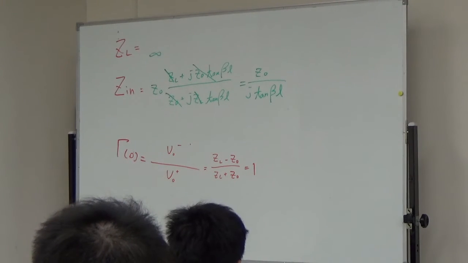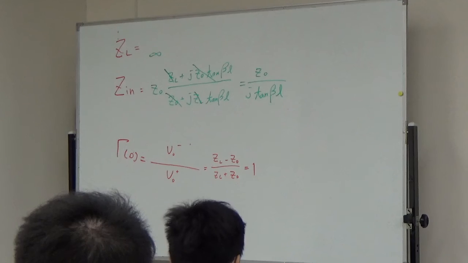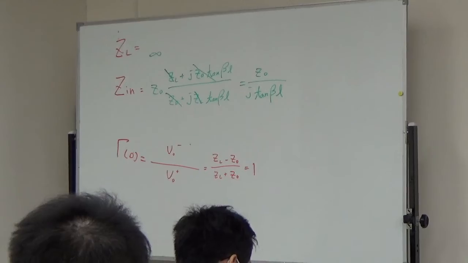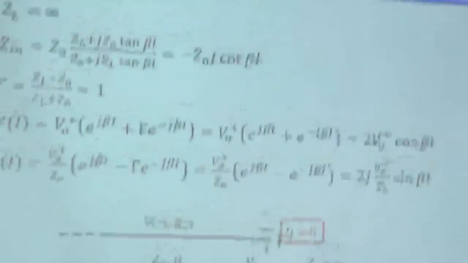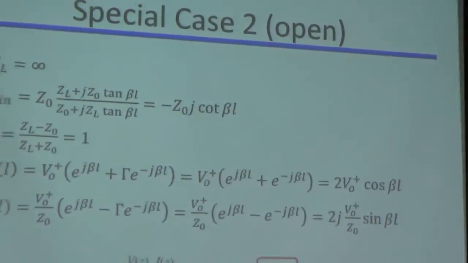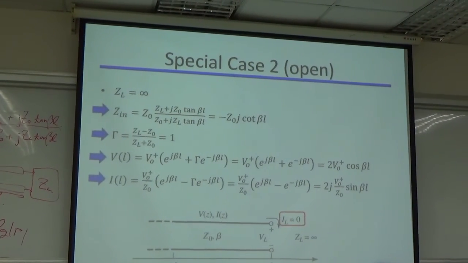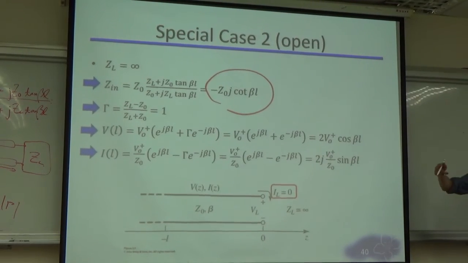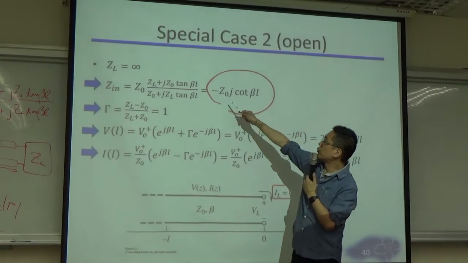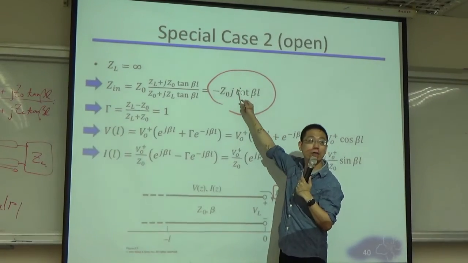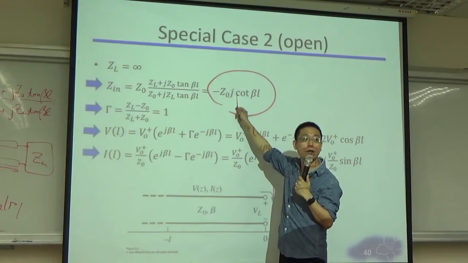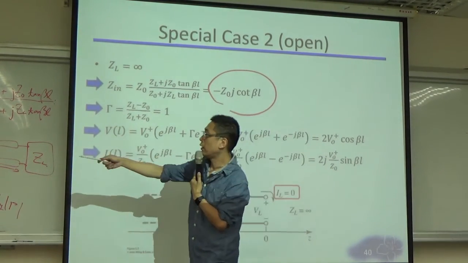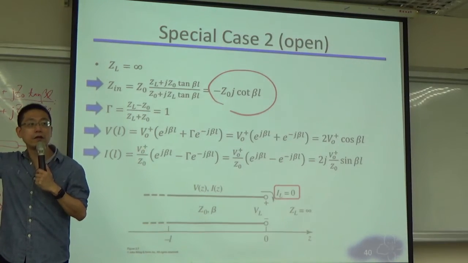Okay? No problem? Alright, let's see what happened to the open. You just change 1 over j to minus j here, and the 1 over tangent becomes cotangent beta L, and this is exactly the same as her answer.